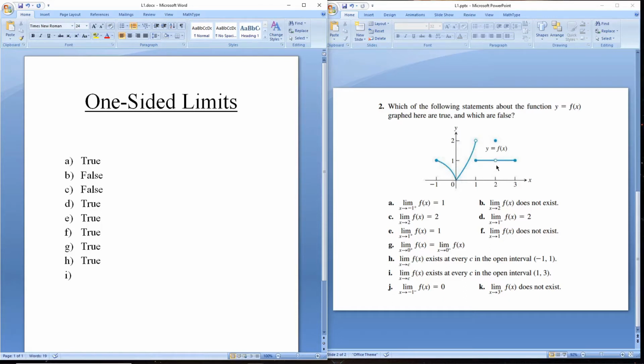The only questionable spot is at 2, but we did that limit already. The limit of a hole always exists, and so the limit does exist everywhere from 1 to 3. And again, the limit always exists at a hole. So I is true.